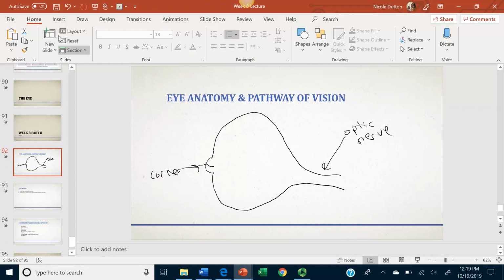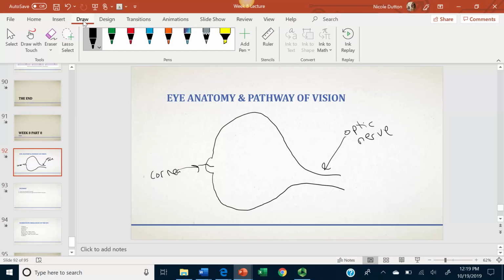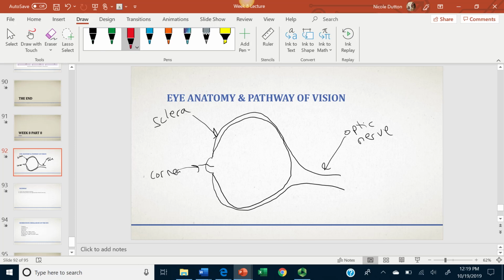Now there's several different layers to the eye itself. The outermost layer is known as the sclera, and that layer is the white of the eye. So the sclera is the white part of the eye.